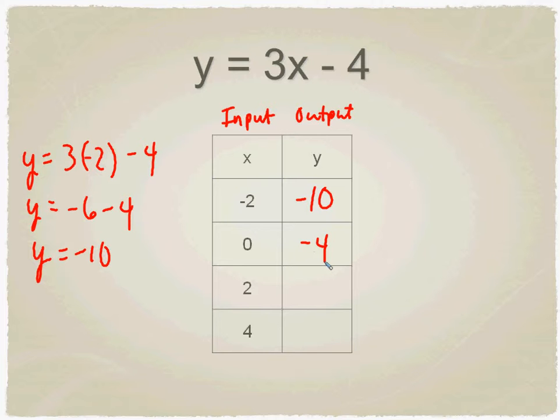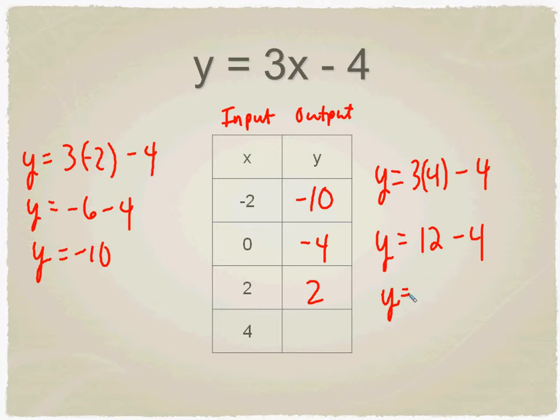And if I did the same thing for 2, you would notice that your output would be a +2. And now let's see what happens as well when you plug in 4. When I make my input for x to be 4, as the table suggests here, I'm left with y equals 12 minus 4. So y is equal to 8.